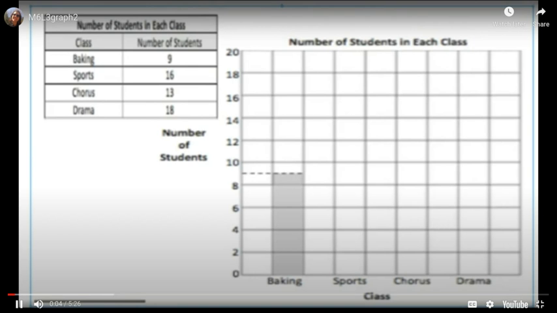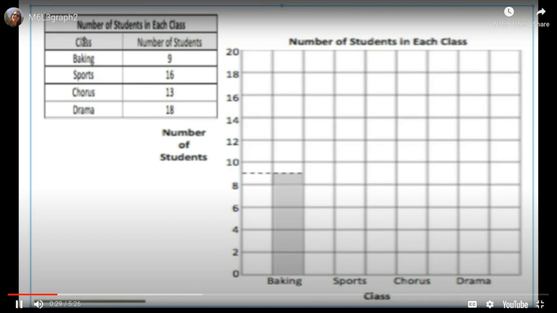So the first thing I'm going to do is I'm going to look at the title of both my chart with our data in it and the title of our graph. And they should be the same because we want to make sure that the title of our graph matches information that we collected. So in essence, our survey that we are asking everybody is the title of all of the data that we're representing.